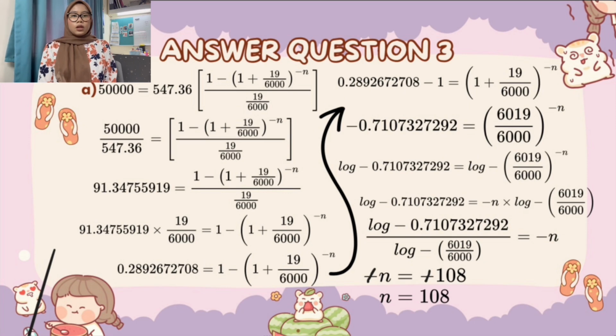Then we need to move the log negative in bracket 6,019 per 6,000 close bracket to the left side. Log negative 0.71073272292 per log negative in bracket 6,019 per 6,000 close bracket equals negative n. So negative n is negative 108. Then we need to cancel the negative. So it becomes n equals 108.